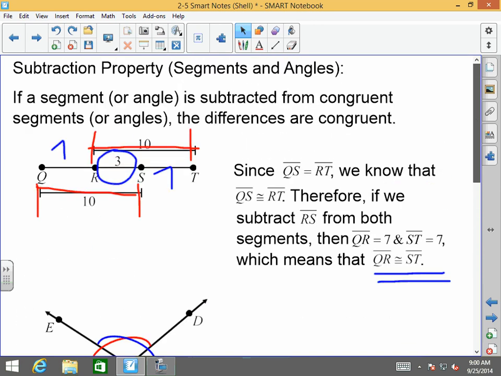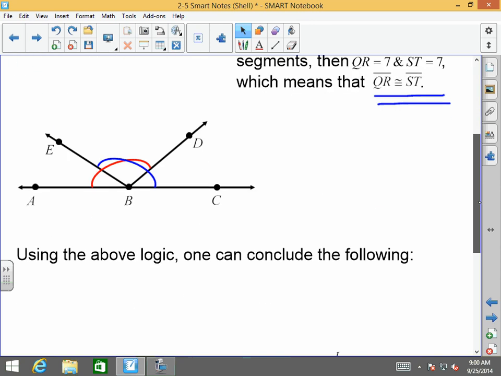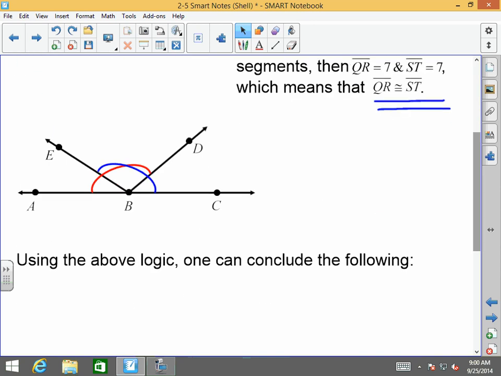Same thing happens for angles. That's why the subtraction property, I shortened it and I said for segments and angles. In this particular case, guys, I'm telling you that angle ABD, which has the red, is congruent to EBC.